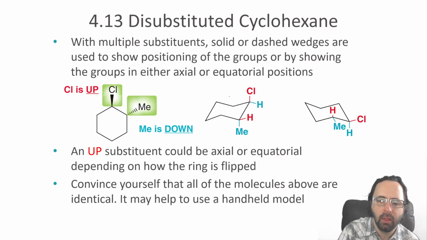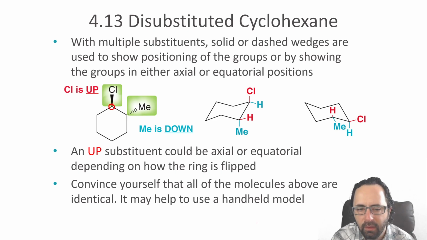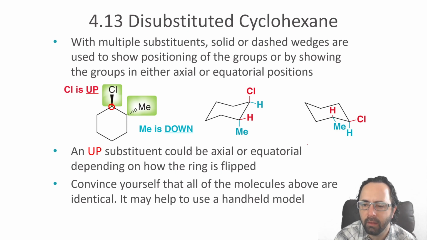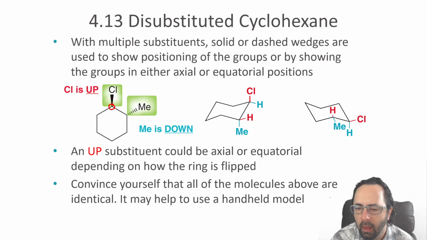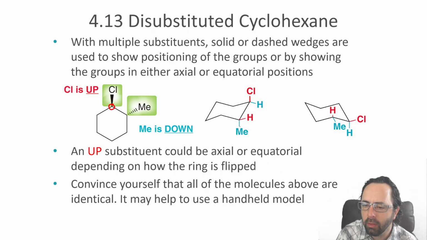So I can make any carbon atom the head or the foot of my ring. In this example, I've happened to write the chlorine atom as being the head of the ring. And so since it is up, I draw its position straight up. And that is an axial position at the head of the ring. And the methyl position here is down. So remember, axial goes up, down. So this methyl position will be down.